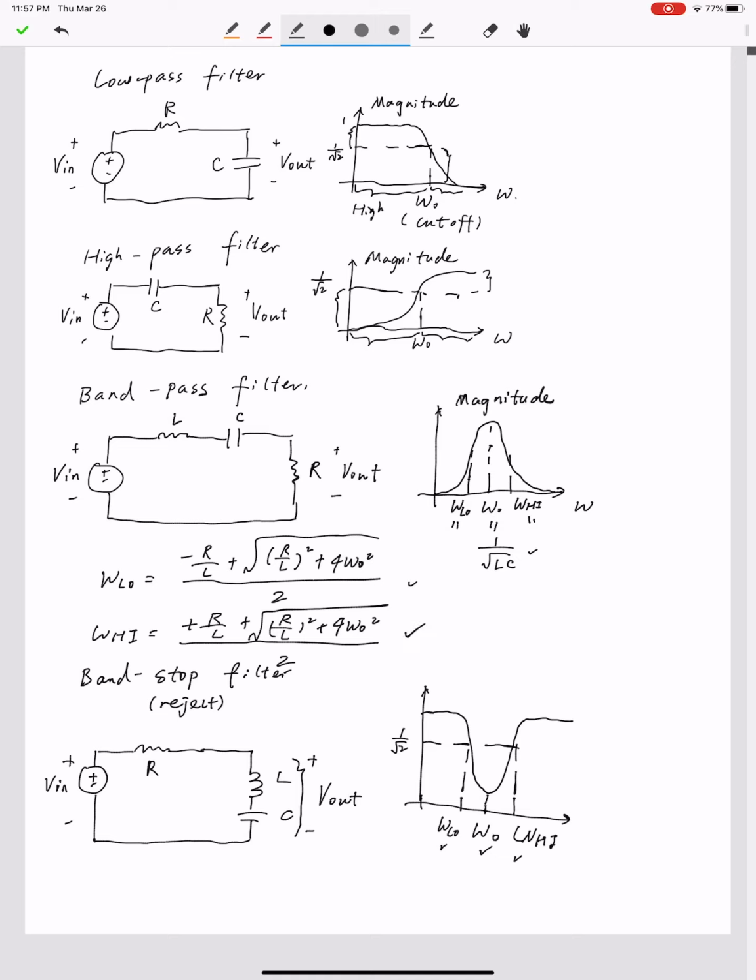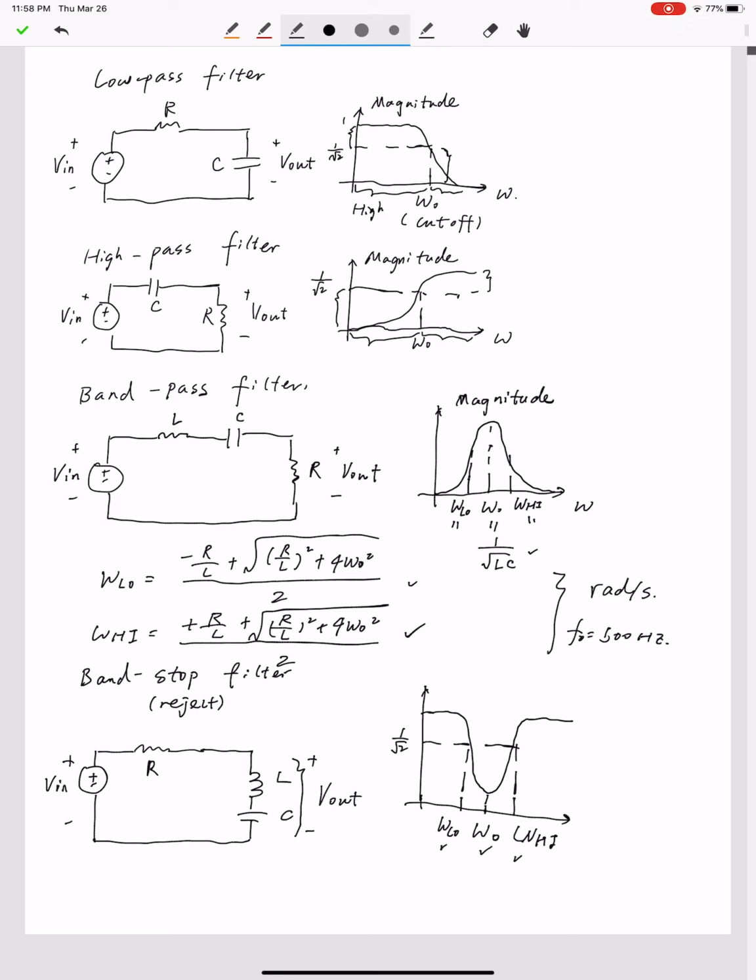There's one thing I want to mention for these three variables. All these variables are presented in the unit of radian per second. Sometimes the question will tell you the central frequency of a bandpass filter or a band reject filter is 500 hertz, for instance.